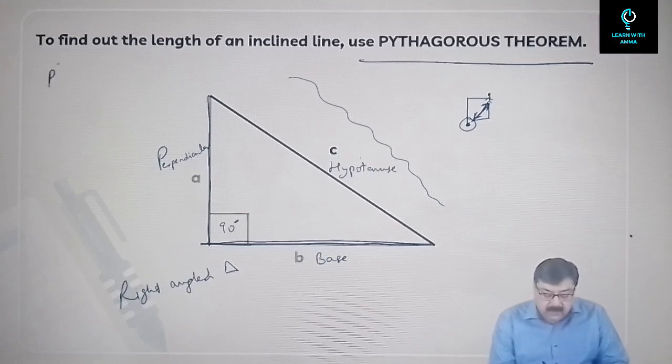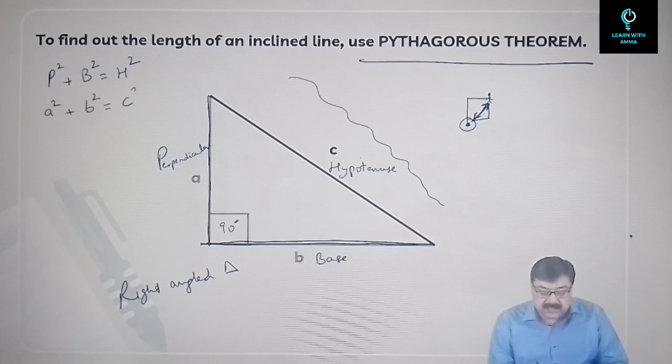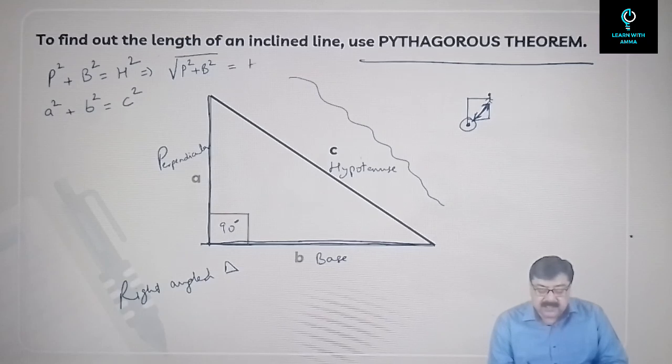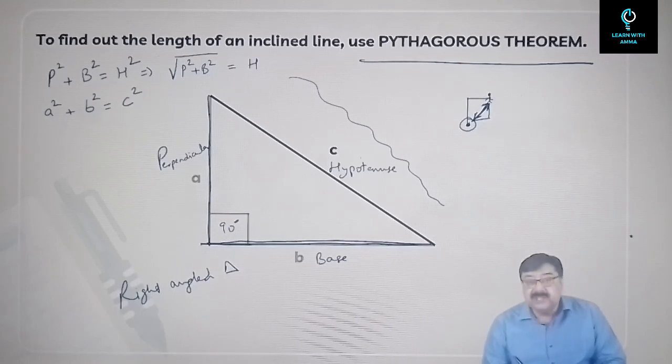So perpendicular square plus base square equals hypotenuse square, or we can say a square plus b square equals c square. From this, you also get the square root of perpendicular square plus base square equals hypotenuse, which is the length of this inclined line.